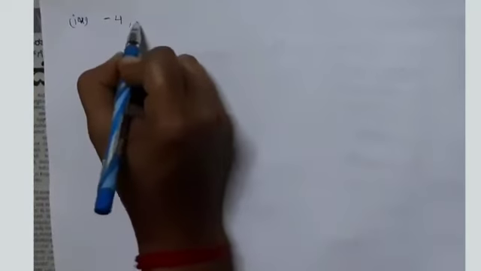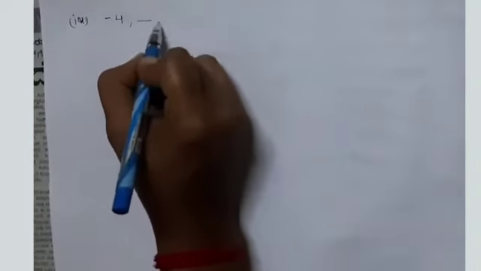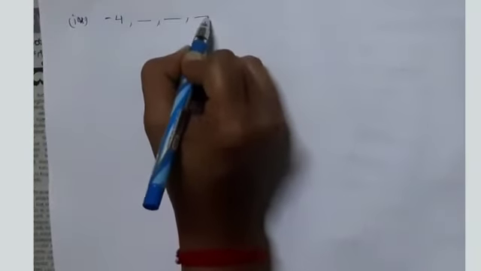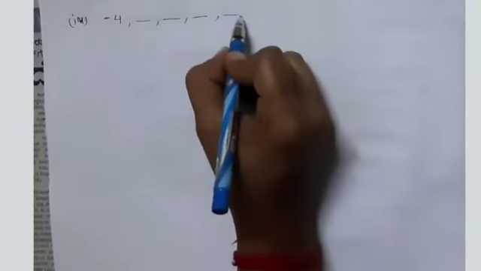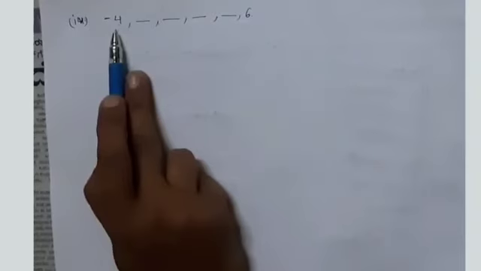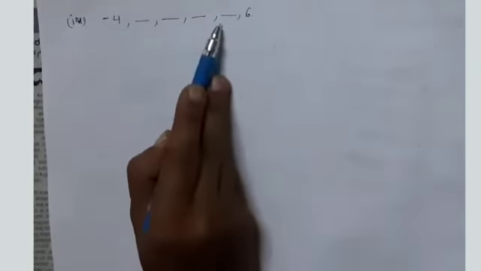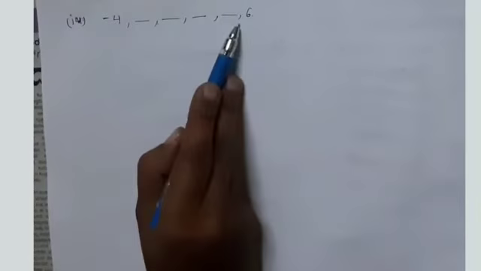Fourth problem given for us is minus 4, comma, there are 4 missing terms, comma 6. So you are given the first term and the sixth term. 4 terms are missing here. You have to find all the 4 terms, and this we can do by using the formula.